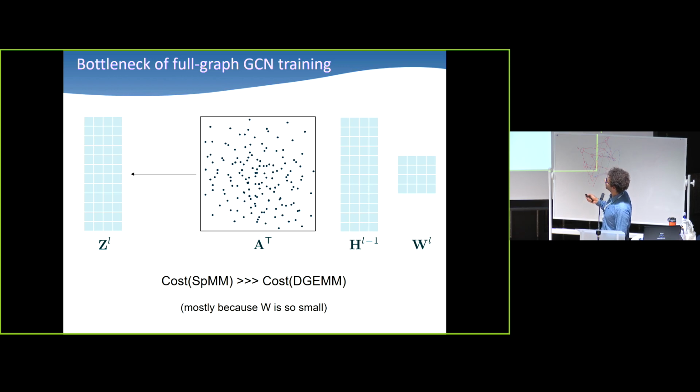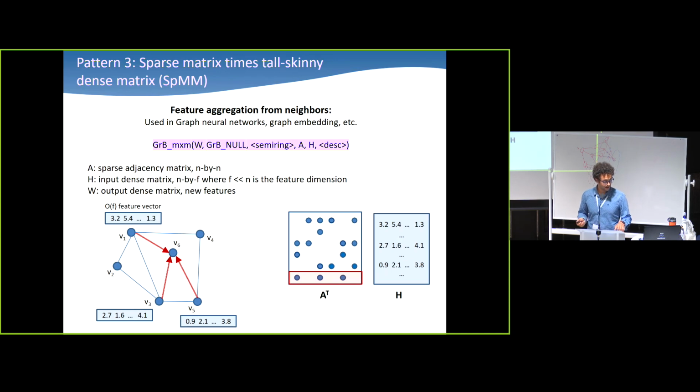And naturally, the cost of this first multiplication is significantly larger than the cost of the one with the dense matrix, just because this is 200 by 500 as opposed to hundreds of millions here. Okay? So my next pattern that I care about for that reason is sparse matrix times tall skinny dense matrix.